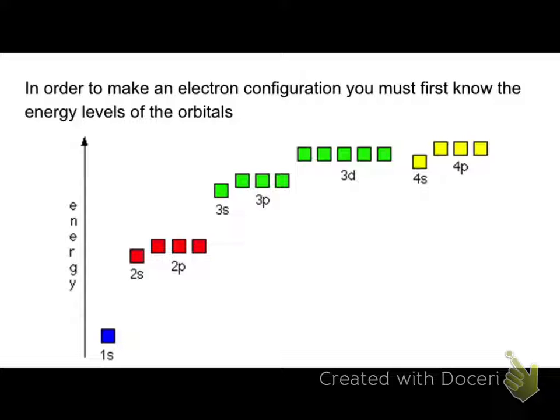I do want to point out one anomaly that we'll talk about in more detail later, which is that you'll notice that the 4s orbital has slightly less energy than the 3d orbitals, which means as we talk about filling orbitals, we're going to fill that one before we fill the 3d orbitals.